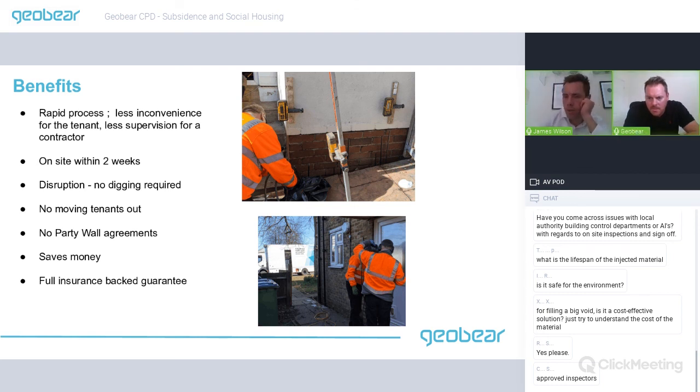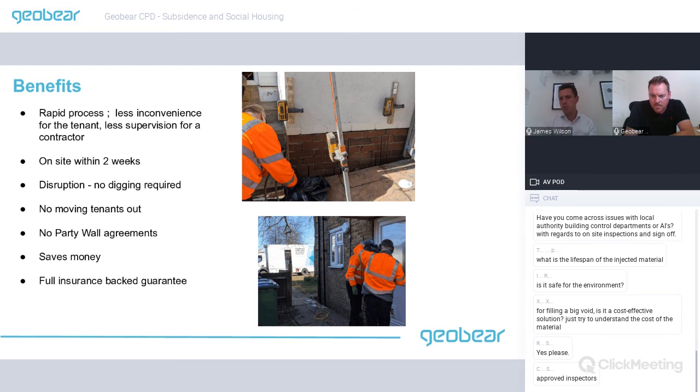Anyway, with regards to sign-off inspections, we aren't required. We've got a number of responses from building control departments in many councils that say what we do doesn't need building control sign-off. Because what we're doing is strengthening the soil beneath the property, we're not extending a property's foundations, we're improving the soil underneath a property.